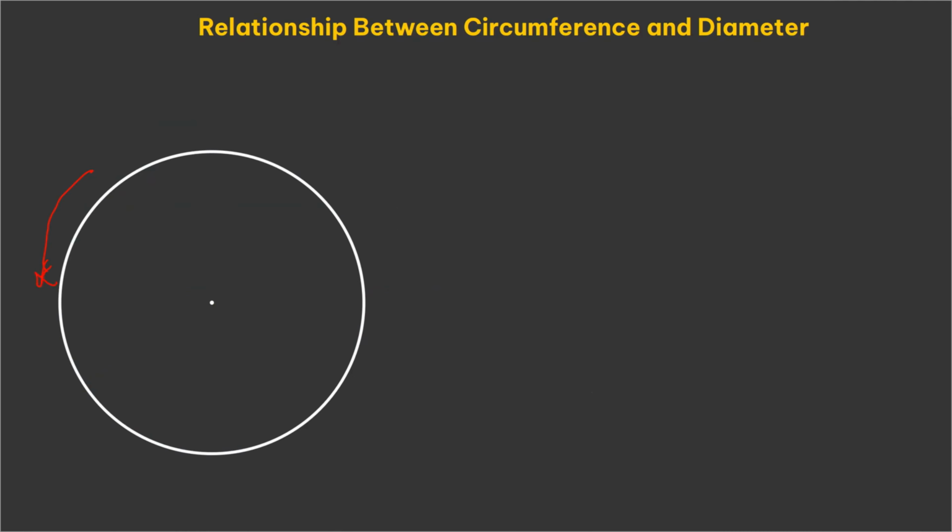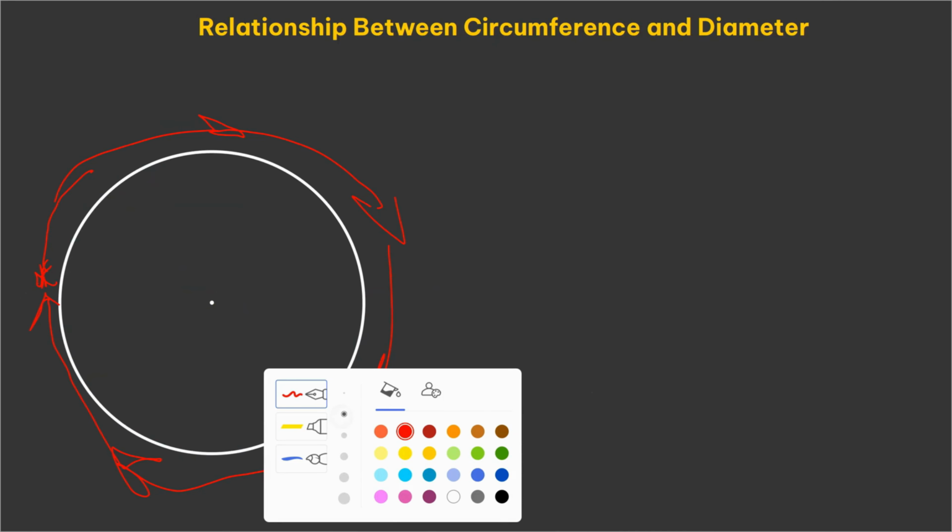Maybe let's say you start from here and you move up to where you started. The distance that you have covered is called a circumference. So what's a circumference? A circumference is the distance around a circular object or shape.